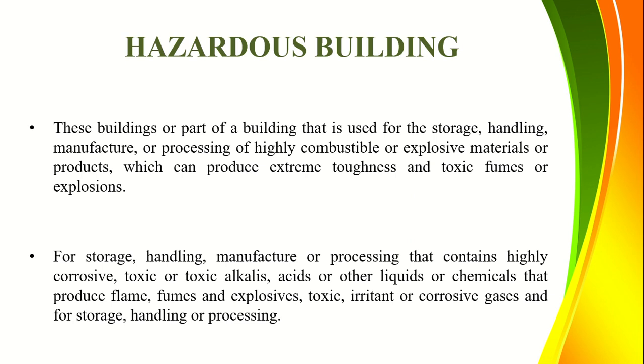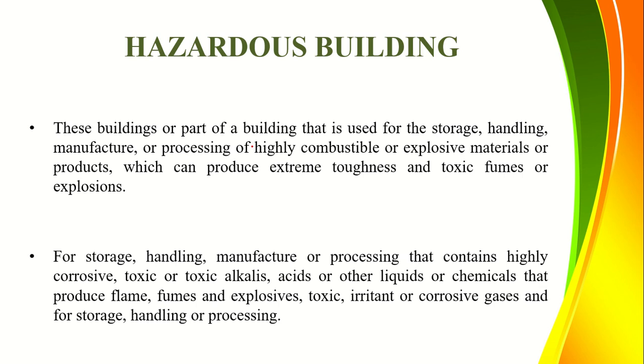Okay, so these types of buildings, hazardous buildings, are actually classified into two subcategories. This is the first category. Buildings used for the manufacture or processing or handling or storage of substances which are radioactive in nature and which are highly combustible, explosive nature, or capable of burning rapidly to produce fire or poisonous fumes is one category.